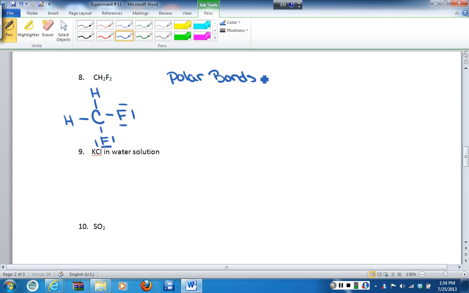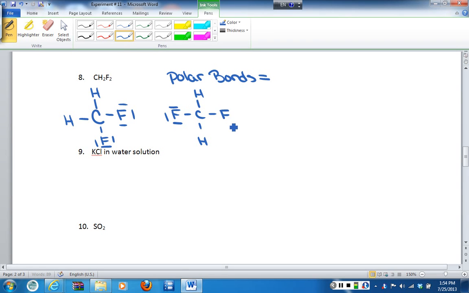Then we have to ask, do we have a polar molecule or a nonpolar molecule? And we look at the carbon and we know that we have 2 fluorines and 2 hydrogens bound. But we can kind of draw them so that they cancel themselves out in the Lewis structure, if you will.